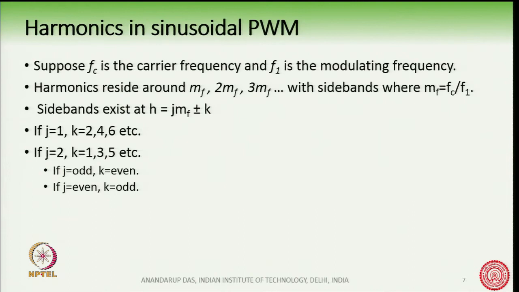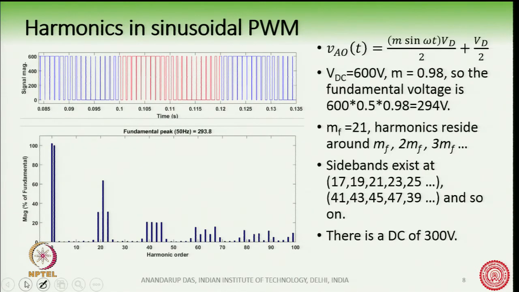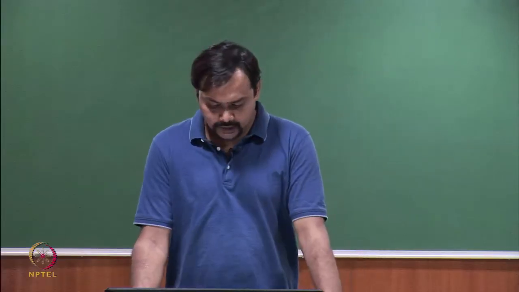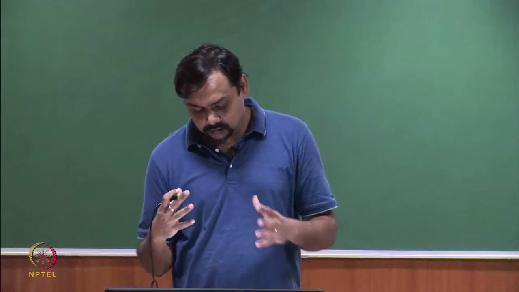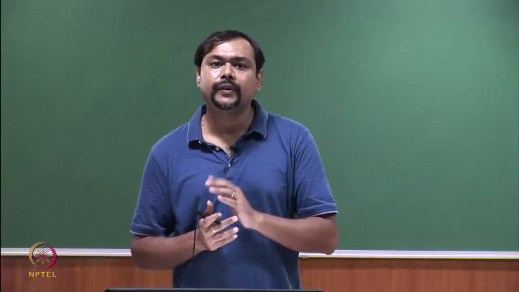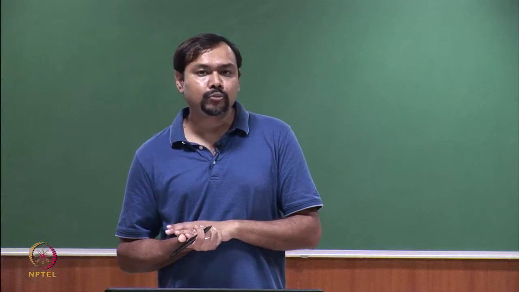What is important here is to see the position of the harmonics, because if we are designing a filter, it is important where the corner frequency of the filter at the output of the converter is.